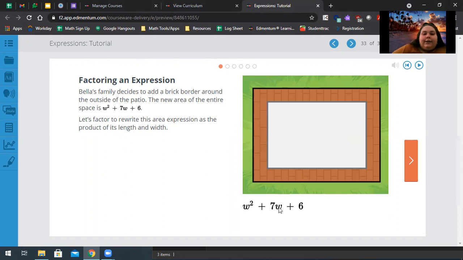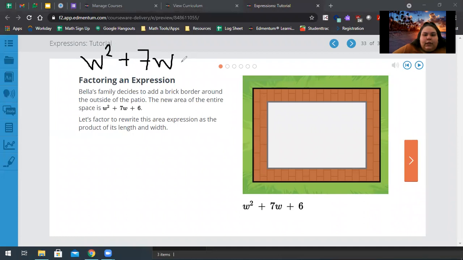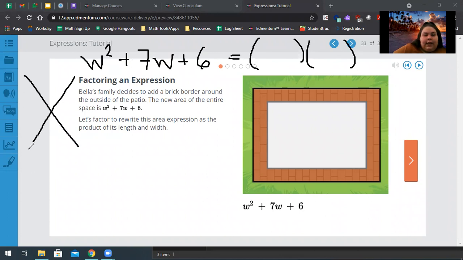So we are going to factor this quadratic. We want w squared plus 7w plus 6 to look like this, parentheses times another parentheses. Now, if I think about it, I'm going to do this giant X. So this is what we factor. Let me color it.